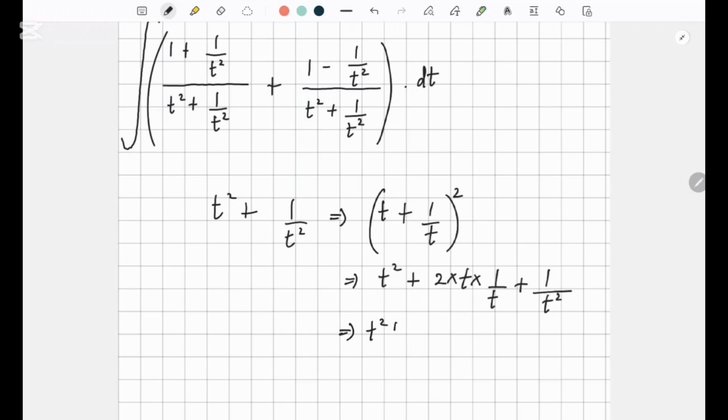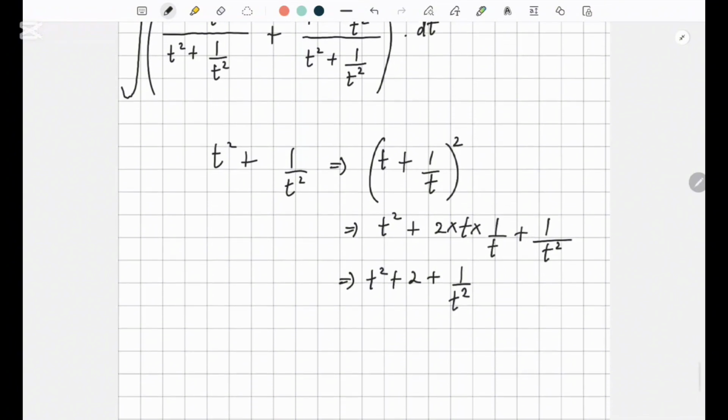So it's t squared plus 2 plus 1 over t squared. But we need t squared plus 1 over t squared, right? So to get that, all you have to do is subtract this by 2. Meaning t squared plus 1 over t squared is t plus 1 over t, squared, minus 2.